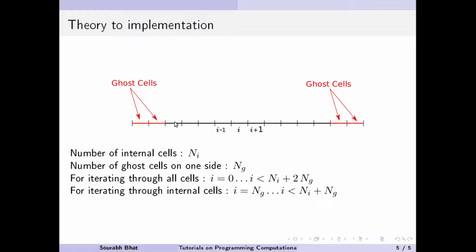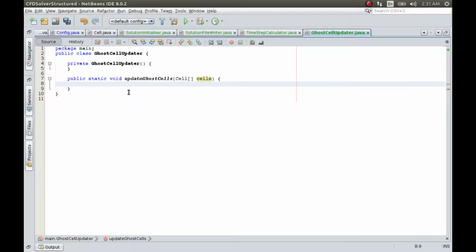If you remember, it's starting from 0. So 0, 1, 2, 3, 4, 5, 6, 7, 8, 9 and 10. So this is 10 and this is going to be 11. So basically this cell is going to be equal to the number of internal cells, and this is going to be the number of internal cells plus 1, and then continuing depending on how many ghost cells are present. Okay. So let us do that.